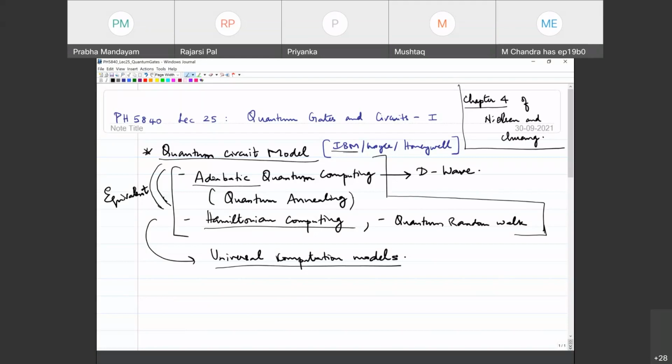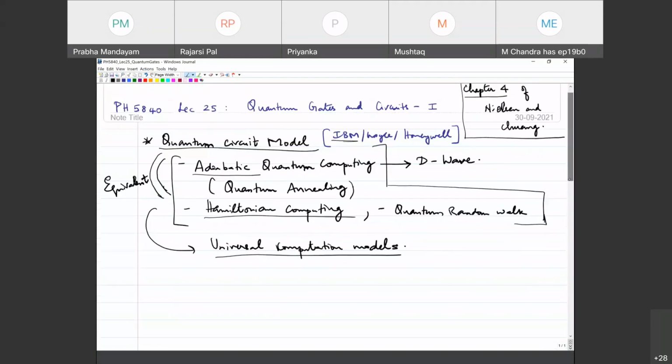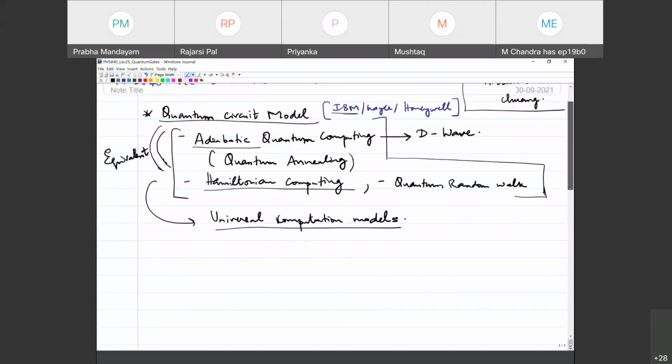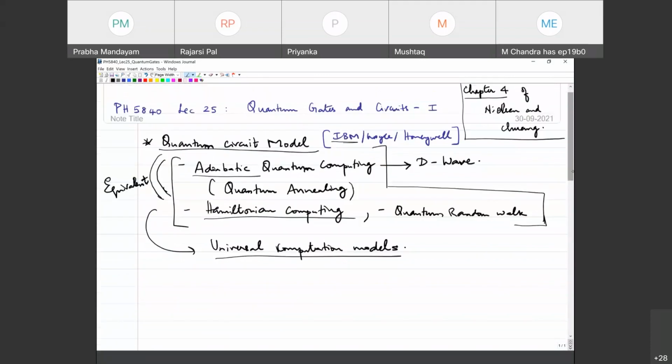What we'll discuss is we'll stick to just discussing the circuit model of computation, which is what we are all familiar with, even in the classical case. Okay, so this is also often called a gate-based model of computation.